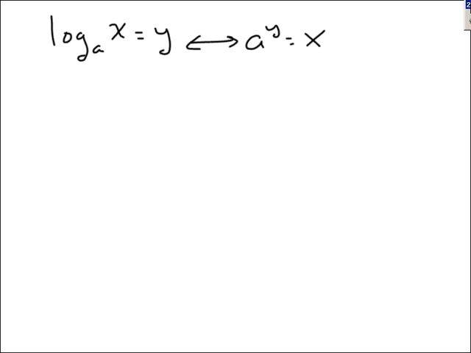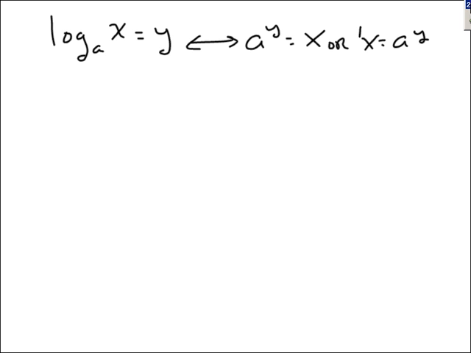Now, these log graphs are very similar to exponential. In fact, you can convert backwards and forward. Log base a of x equals y means a to the y equals x, or x equals a to the y.